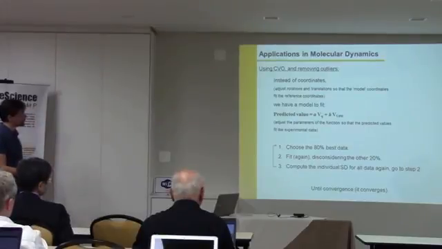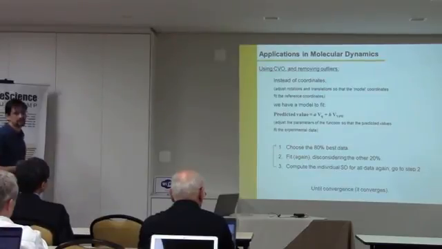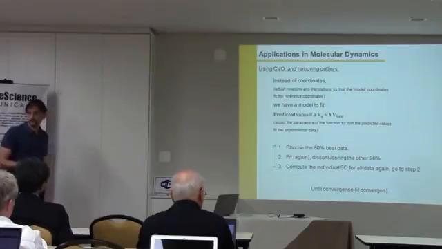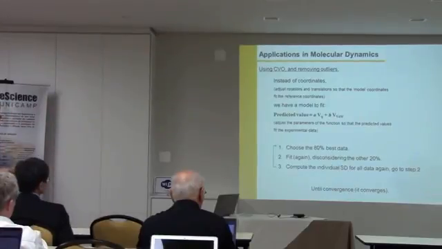For an initial guess of these two parameters, we are going to choose the 80% of the data that is best fitted by our model. Then we are going to fit our model again, disregarding the 20% of the data which is worst.